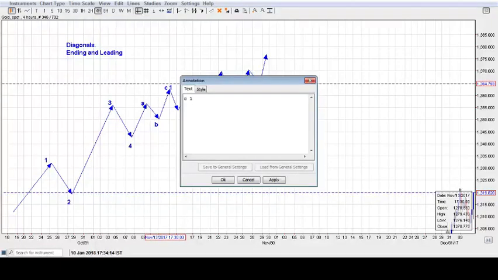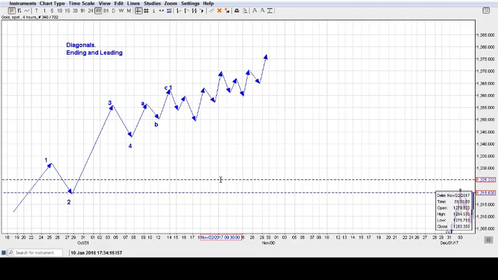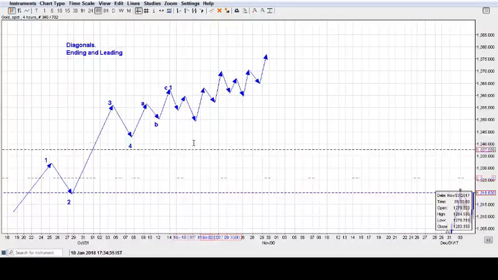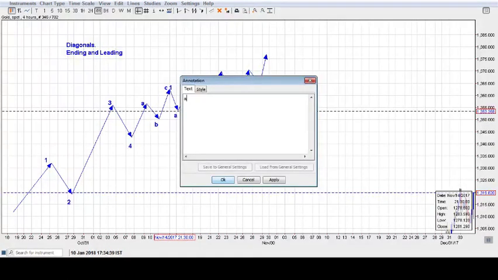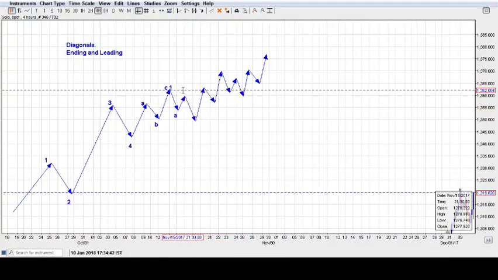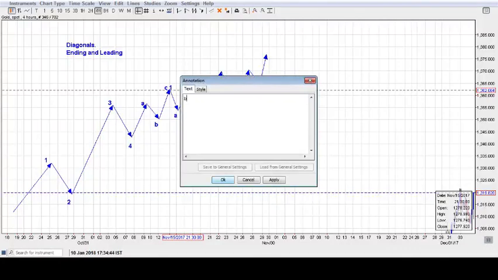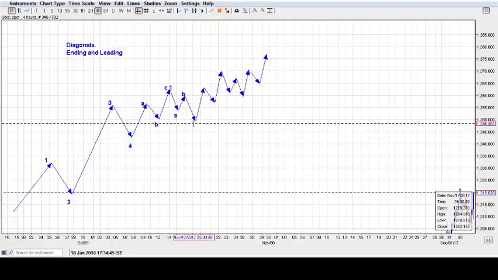And the second place where you can find an ending diagonal is within a corrective wave ABC, and within that ABC you may find an ending diagonal in the last wave, that is wave C. Let me first label the chart. Please stay with me and then we can discuss. It's a very simple pattern to identify.